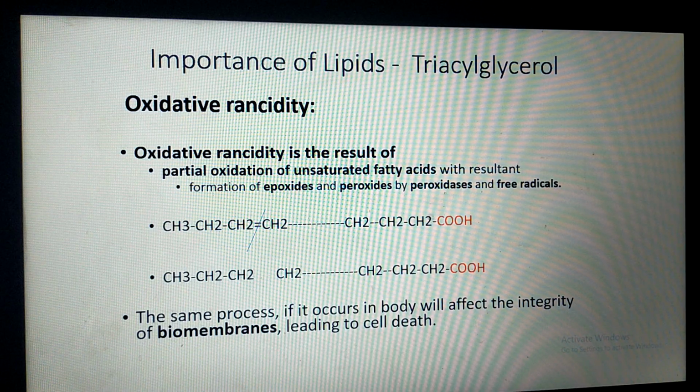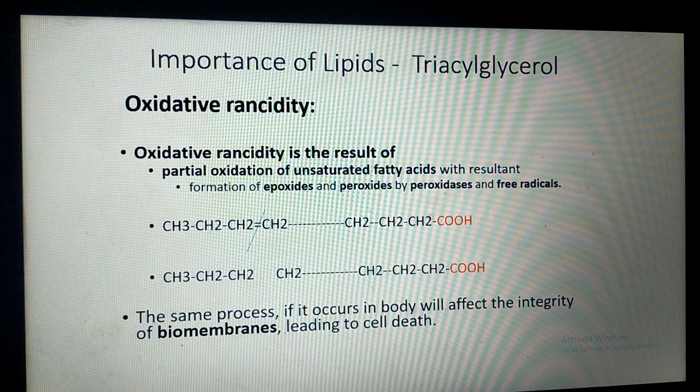Now, if the same process occurs in the biomembrane, that is cell membrane, it leads to death of the cell. Just now we have studied that cell membrane is made up of phospholipid. At the second position of phospholipid, polyunsaturated fatty acid is present.